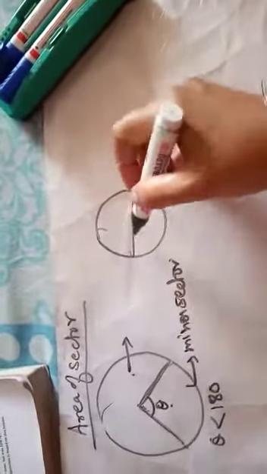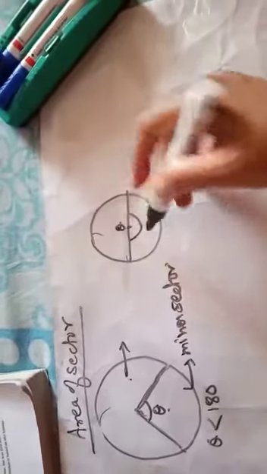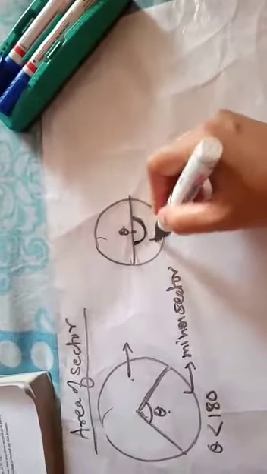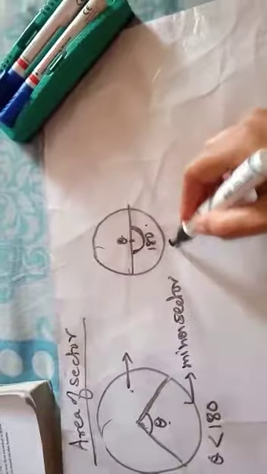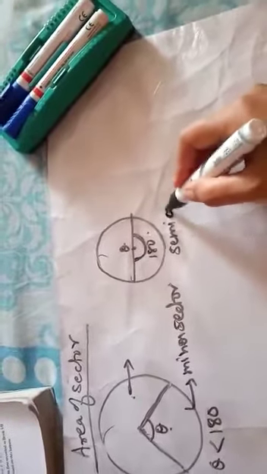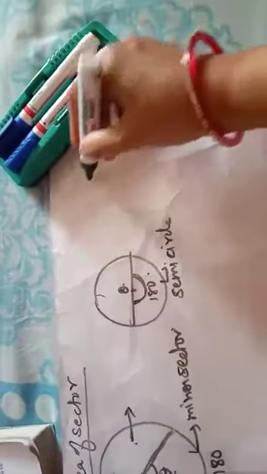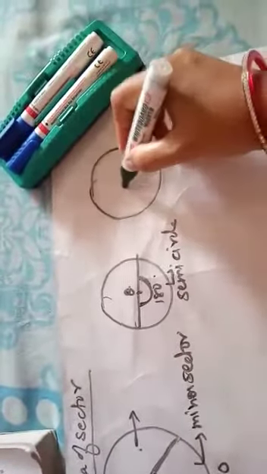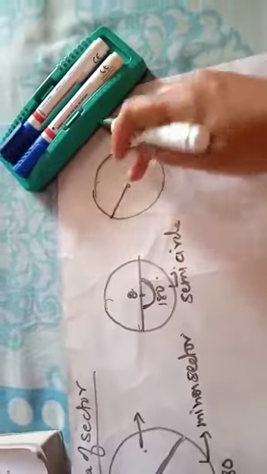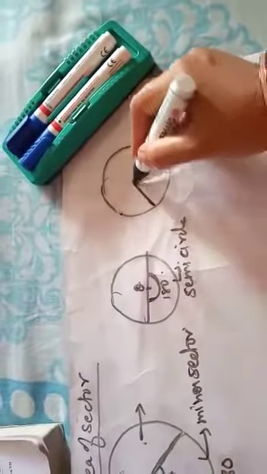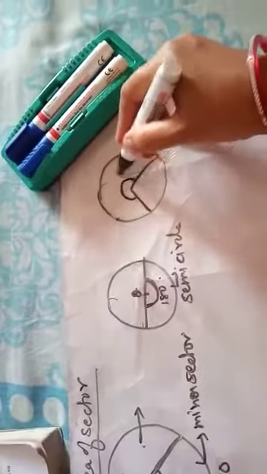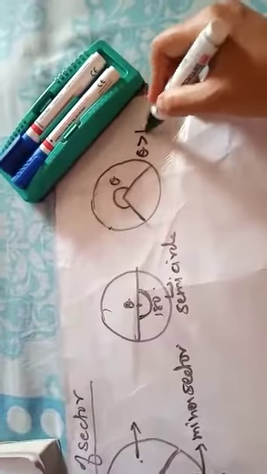Now suppose another figure, I make theta equal to 180 degree. So this is how much? This is 180 degree. Then this is called semicircle. Semicircle ka area will be equal to half of the circle. Now the third figure which I make is in which the value of angle, suppose I make it this way only, but I mark theta here, so theta is greater than 180.